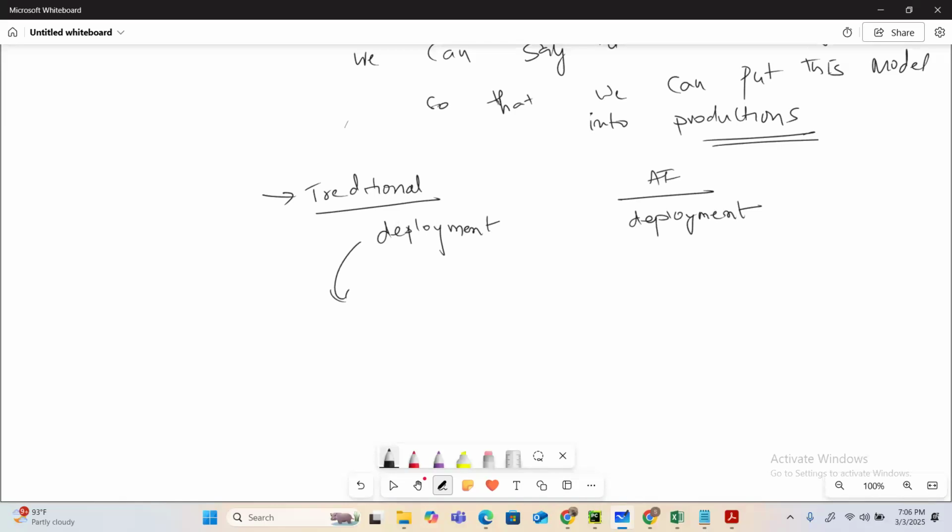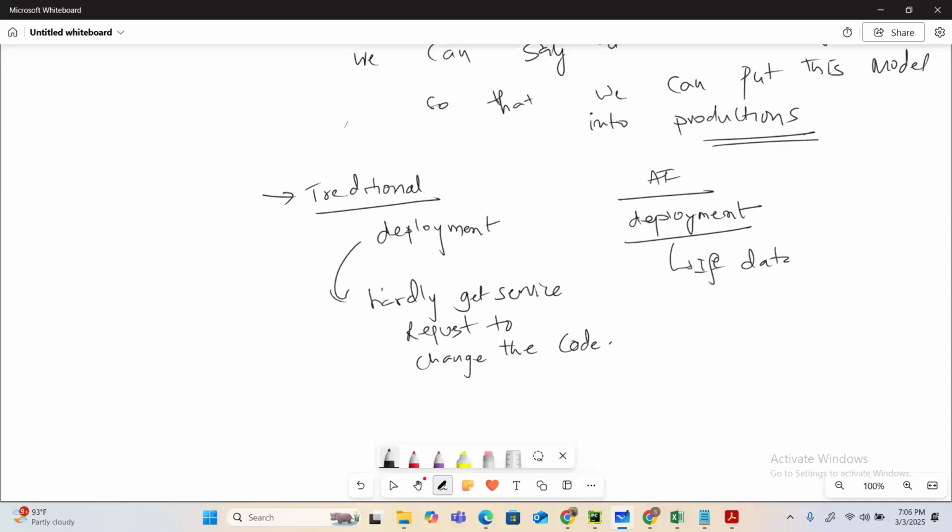In traditional deployment, we hardly get errors, and we hardly get a service request to change the code. But in AI deployment, if the data changes, the model needs to be trained again.